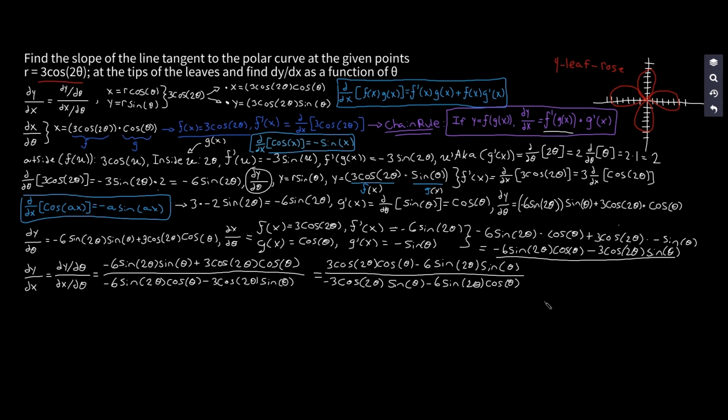There we go. Let me just double check everything. Well, so this here is our beautiful slope. All right. So now we want to find the slope of the line tangent to the polar curve at the tips of the leaves of 3 cosine of 2 theta.